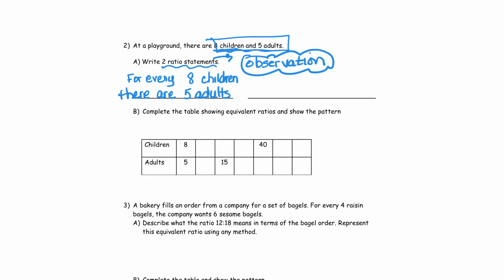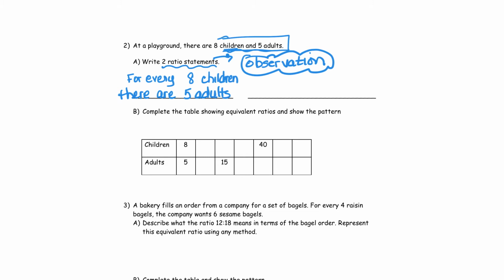Okay, that's one way we could do it. What's another ratio statement we could make? And they're not asking us to write it in 3 different ways, by the way. They just want 2 basic ratio statements. We said yesterday, a ratio statement is an observation. So what's another thing that we could say? We could basically just switch it around.